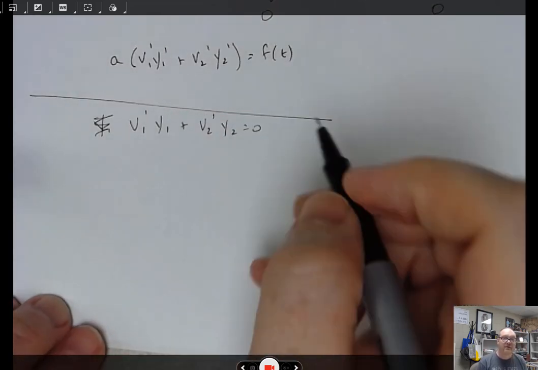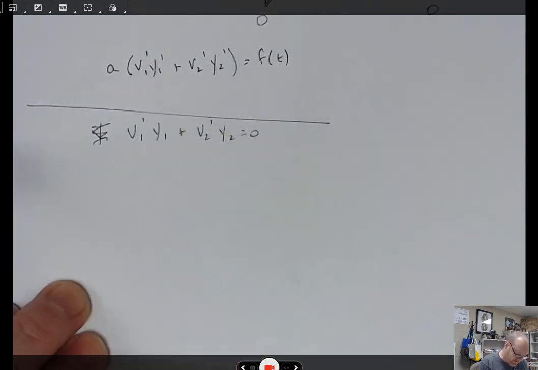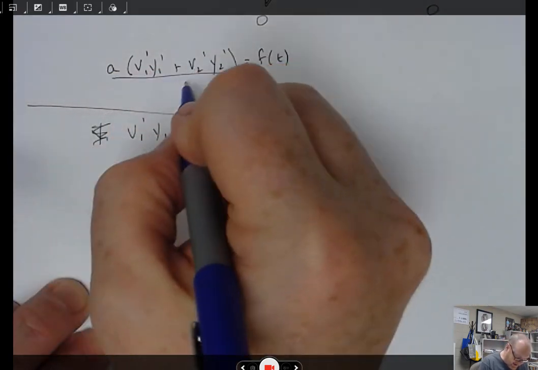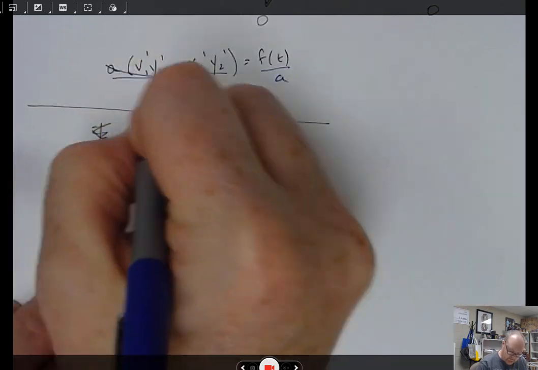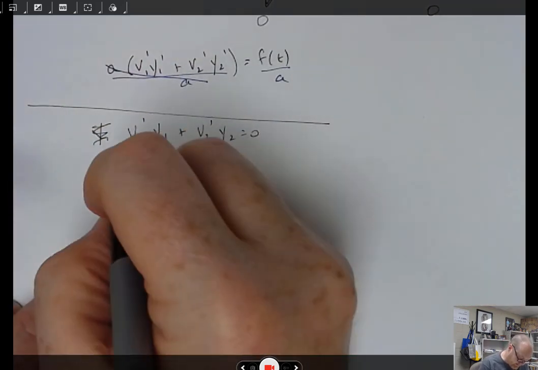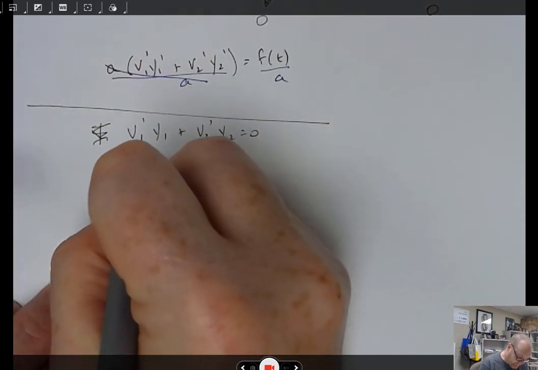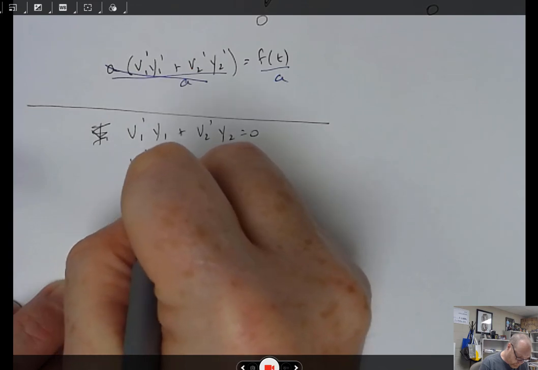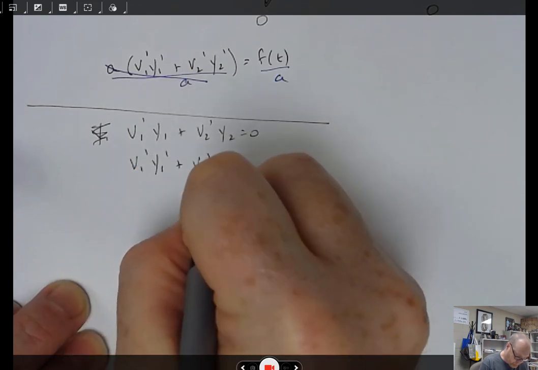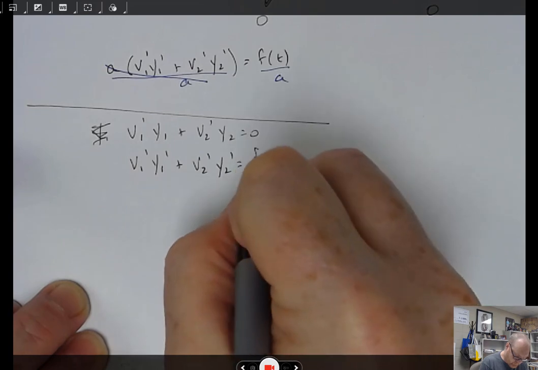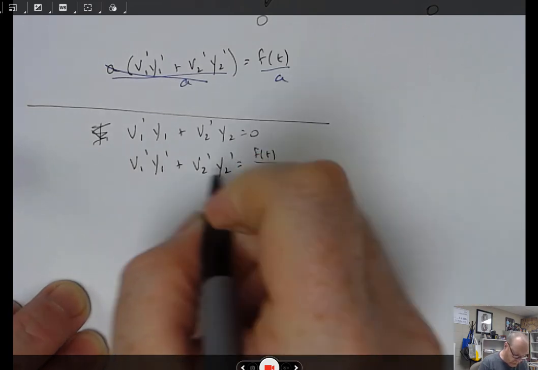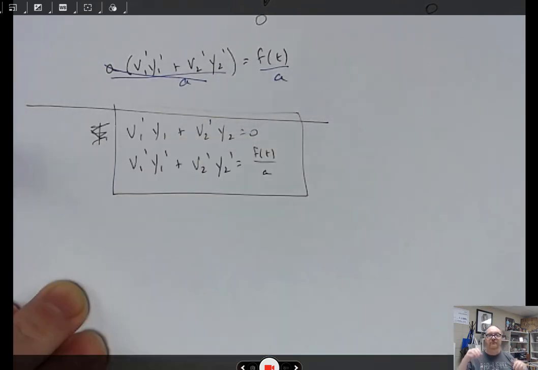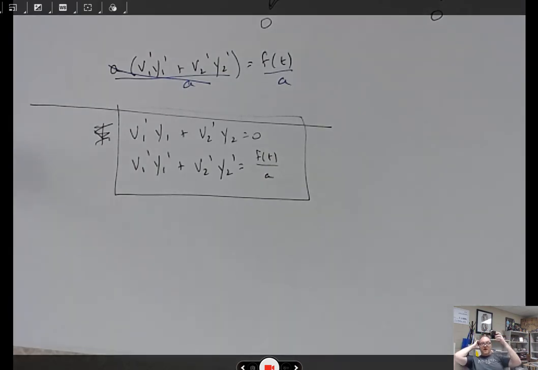And then I'm going to manipulate this equation. If I divide through by a, then I end up with a second equation.